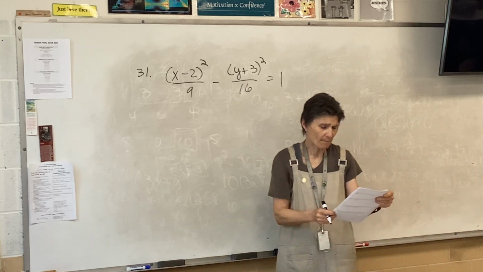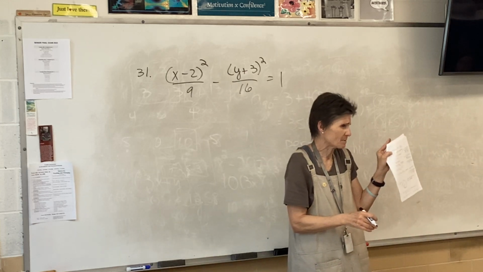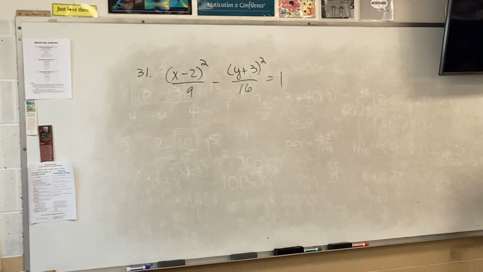I don't understand that, because I took my copy from the same pile you guys got. How come mine has that? I took it right out of here. I don't know what you're talking about. This is what I handed out to you. And right over here, there's 31, 32, 33. Wake up and smell the coffee, people.